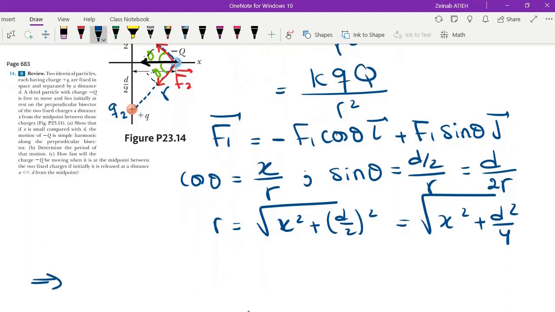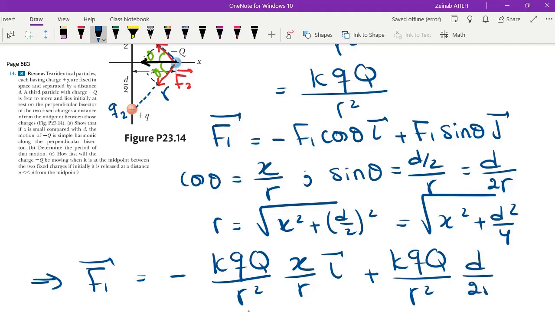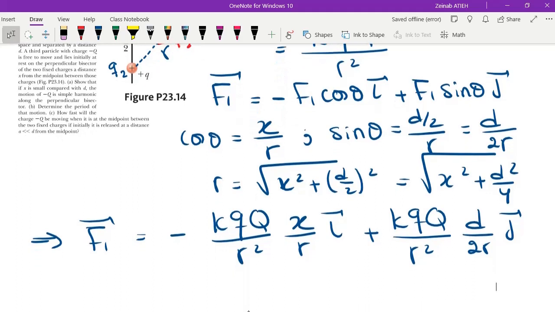So this implies f1 is equal to minus, I will substitute f1 by its value, kq over r squared. The cosine theta is x over r, I will substitute for the r, okay, i, plus kq over r squared, sine theta is d over 2r, j. Okay, I will come and arrange a little bit.